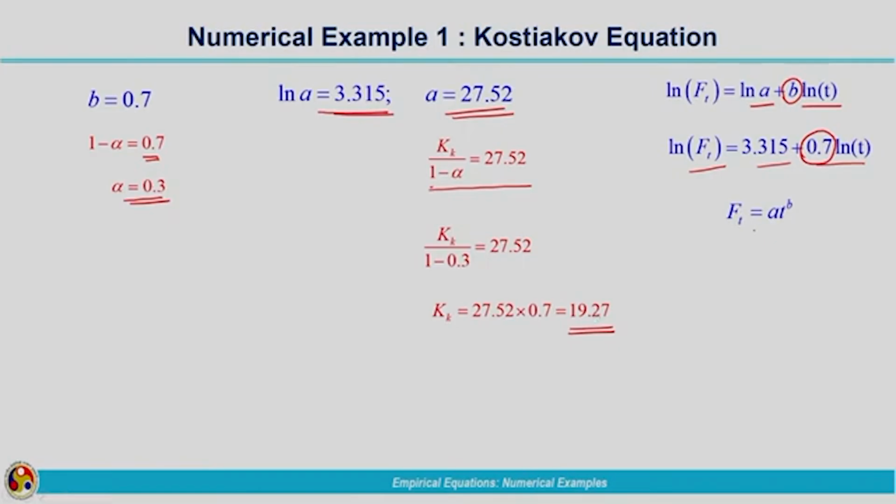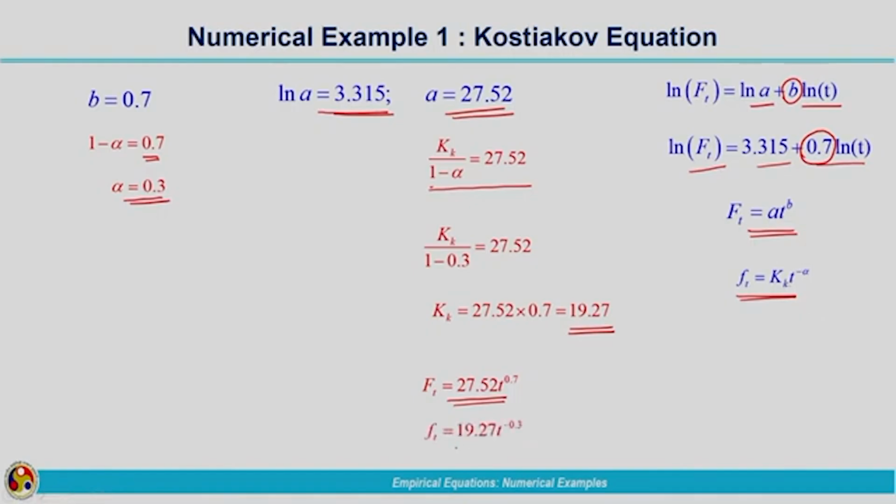So, this is our equation, f of t is a t to the power of b. Here we are substituting the corresponding parameters a and b. So, you will get cumulative infiltration as 27.5 t to the power of 0.7, and infiltration rate is given by kk t to the power of minus alpha.